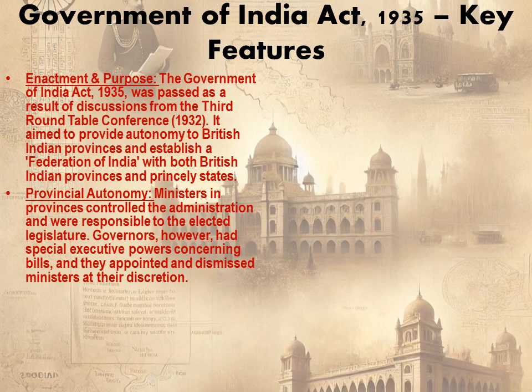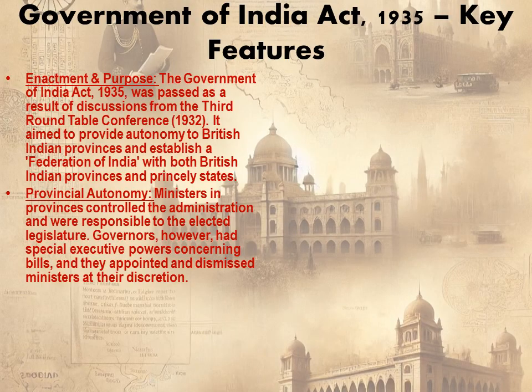Ministers in the provinces controlled administration and were responsible to the elected legislature. So there will be a legislature, and the whole country of undivided India will be divided into different provinces, and ministers will be elected from those provinces who will be members of the legislature.